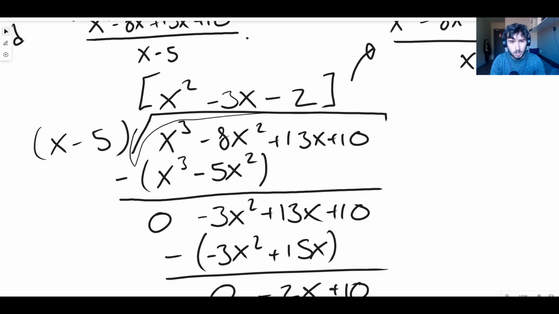I don't really know why it's a bus stop, but I just call it a bus stop. But the answer is the thing that you get at the top. All of those terms, that's the answer.